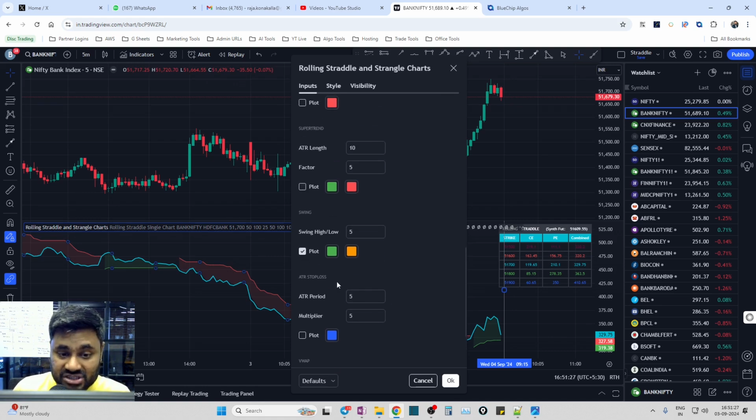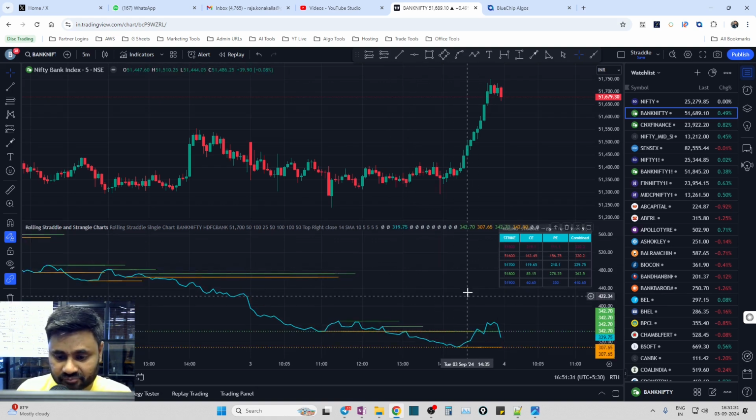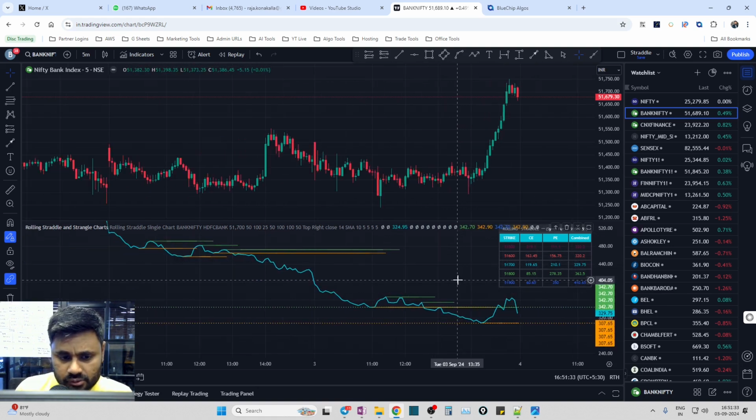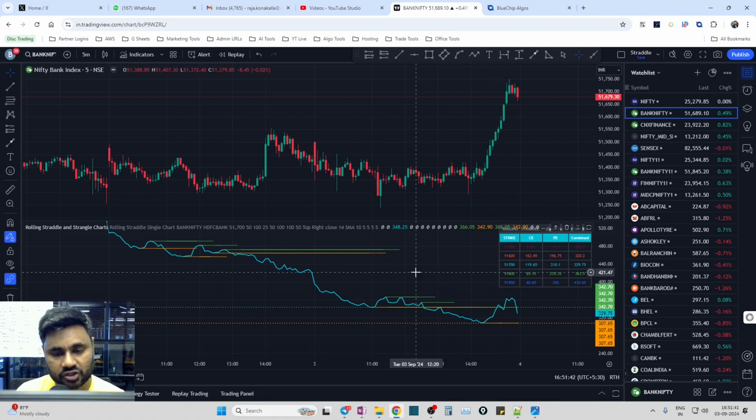And likewise, we have swing high low, very very important. Personally, I use it for my trading. This swing high low will track the resistances and supports. Since I am a short seller, I don't buy straddles, I sell straddles. So the interesting line here is the orange line.